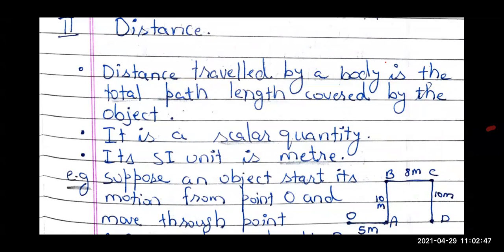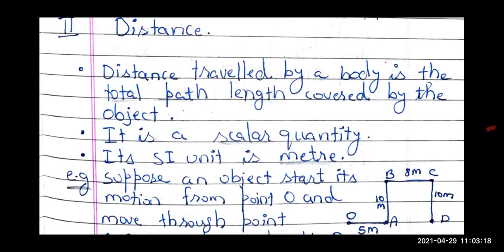So distance is a scalar quantity. And distance, we know it is measured in meter. Right, children? SI unit. SI unit is Système International. Anywhere in the world, the standard unit of distance is meter. Okay, so distance is the total path length covered by the object. It is a scalar quantity and its SI unit is meter.